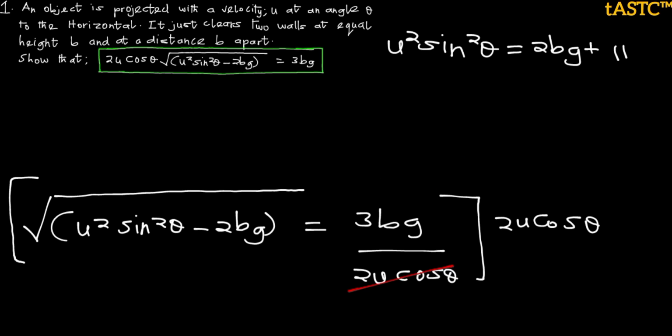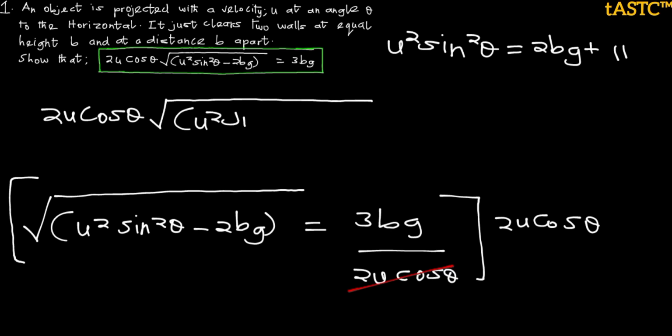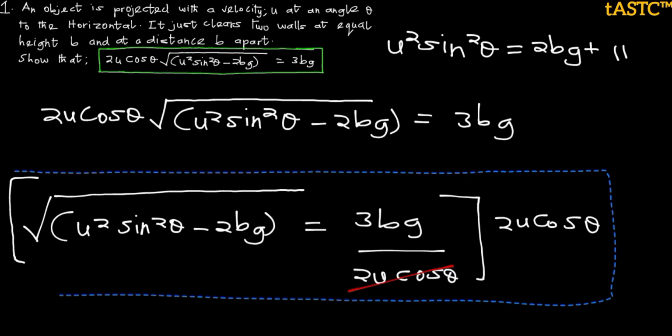So that would now give us a new form, which is 2u cos theta times the square root of u squared sine squared theta minus 2bg, equal to 3bg. So this is basically what is going to be left.